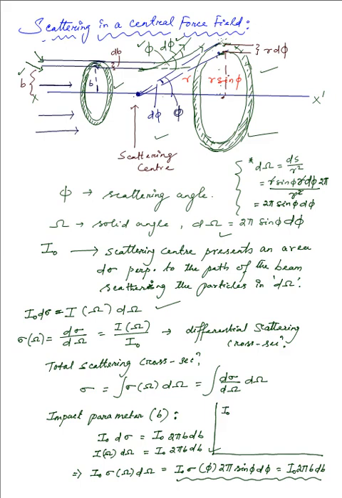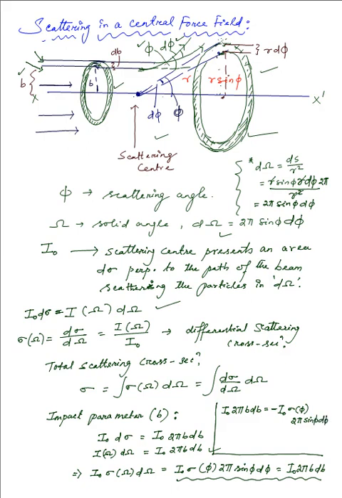So it will be proper to introduce a negative notation to it. So that means we have the right hand side term, which is I naught times 2 pi b db, and that will be equal to the negative of the left hand side that we had written, that is I naught sigma of phi 2 pi sine phi d phi.